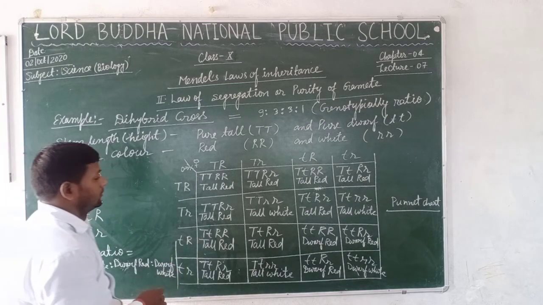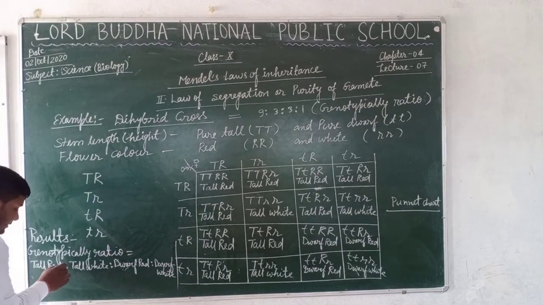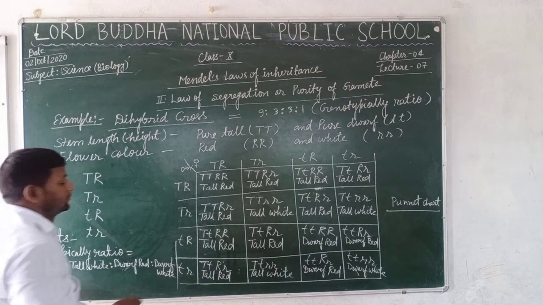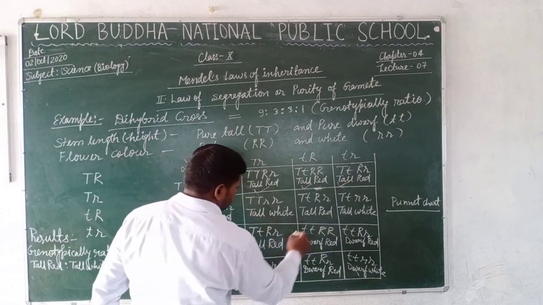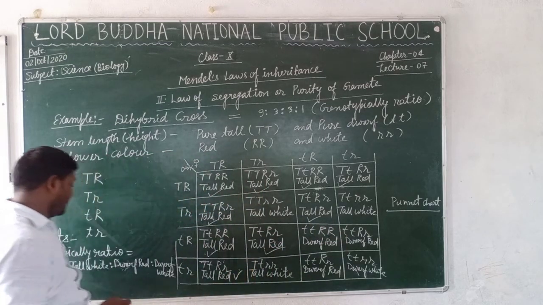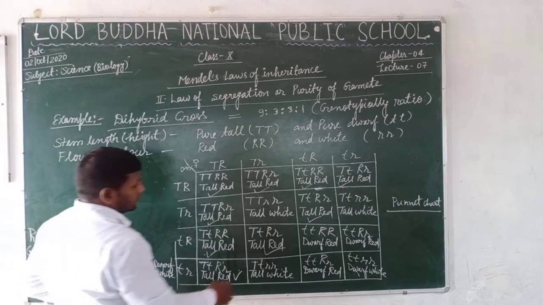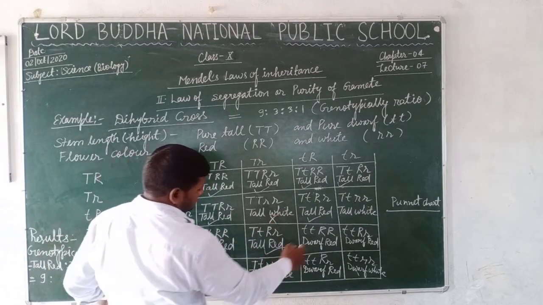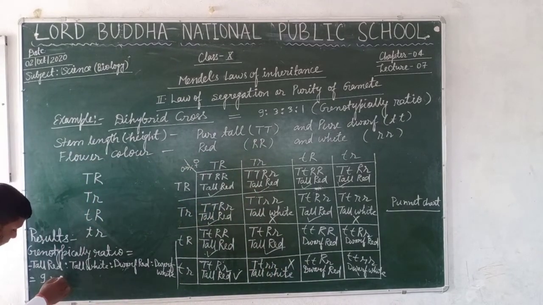Now students, counting the individuals having similar characteristics, tall red: 1, 2, 3, 4, 5, 6, 7, 8, and this is the 9. So here I will write 9. After that, tall white. This is the first tall white, the second, and the third tall white. So here I will write 3.